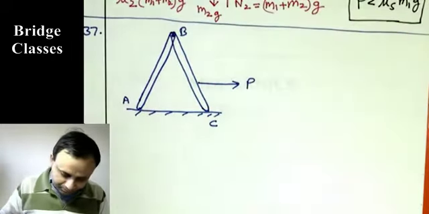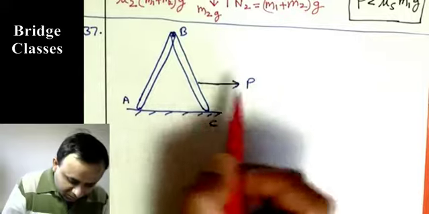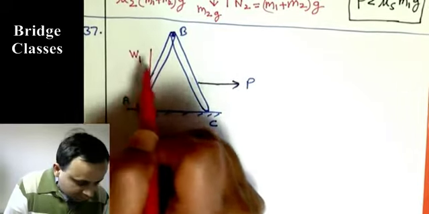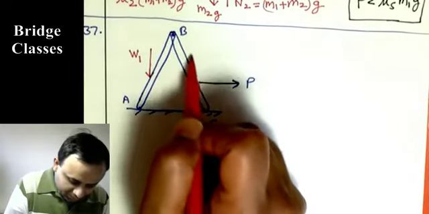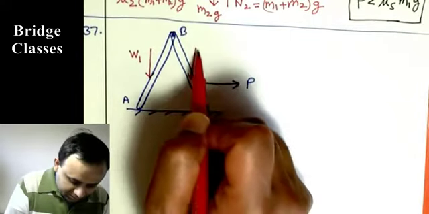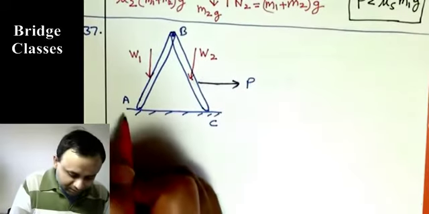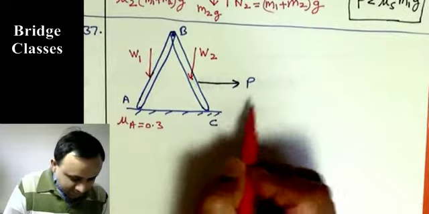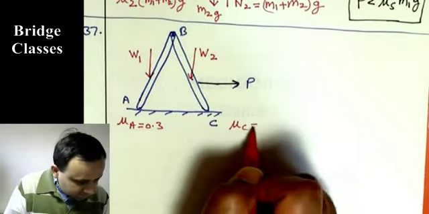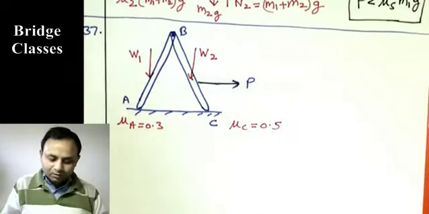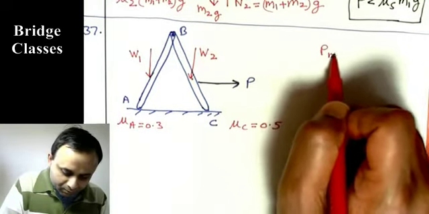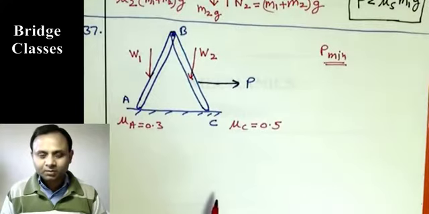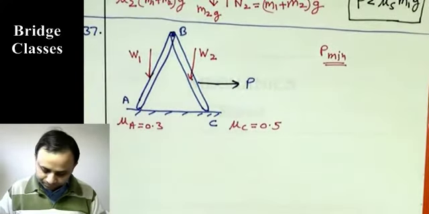They have weights. Let us say this is W1, and the weight of this member acting through its center of gravity, wherever that is, say W2, and we are given coefficient of friction at A is 0.3 and coefficient of friction at C is 0.5. We have to find minimum P so that it begins to move.